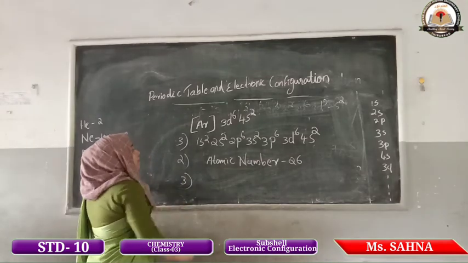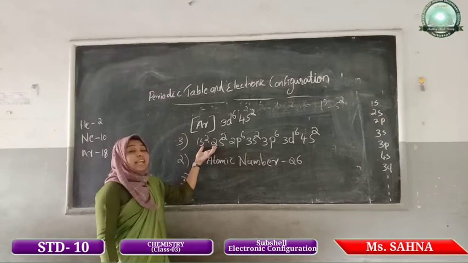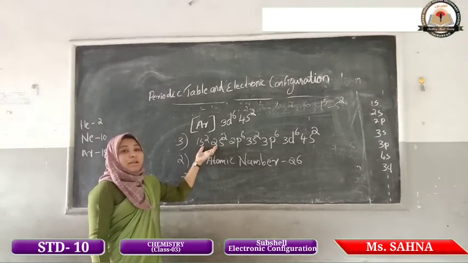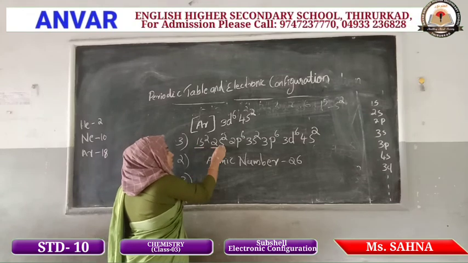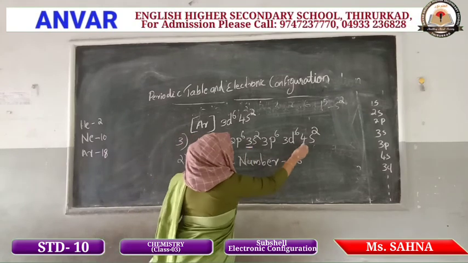First question: find the total number of s electrons present in the element. 1s, 2s, 3s, 4s.